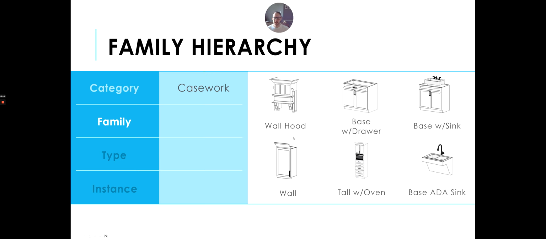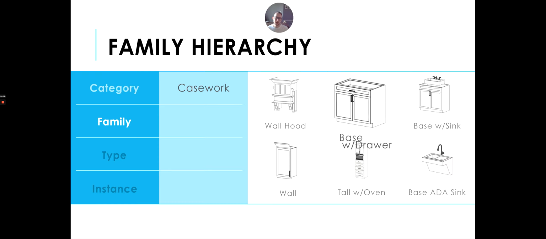So if we chose the category casework right here, then the families that would fall under that category are things like a hood for over your stove, a base cabinet with a drawer and a door, a sink cabinet or an ADA sink cabinet, a wall cabinet, an upper cabinet, or a tall cabinet. These all are different families, but they're in the same category.